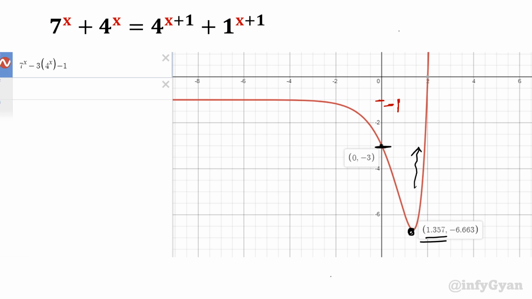Why? Because after that it is an increasing function, and before that it is a decreasing function. Before this point it was decreasing, and after that it is increasing and intersecting at x equal to 2. So 2 is the only point where our exponential equation is intersecting the x-axis. So 2 is the only solution possible.